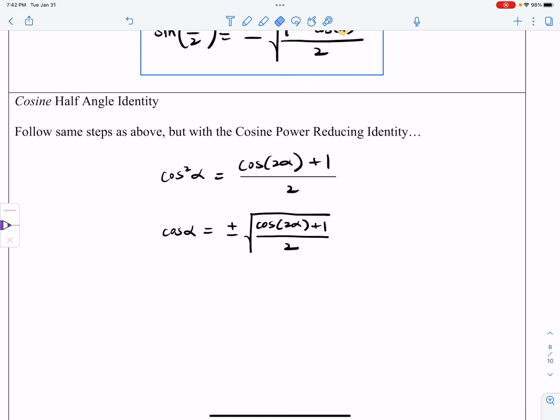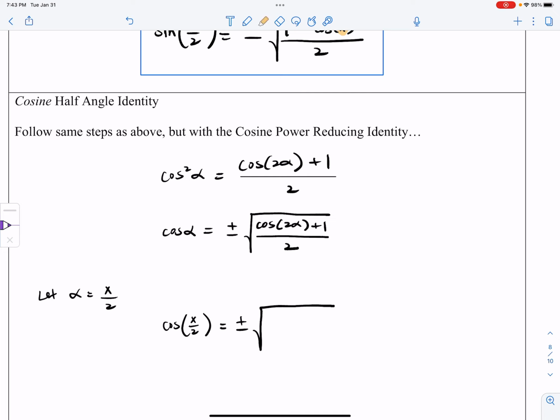And then same thing that we did above, we're going to think about letting alpha equal x over 2. So we're going to replace all of the alphas with x over 2.